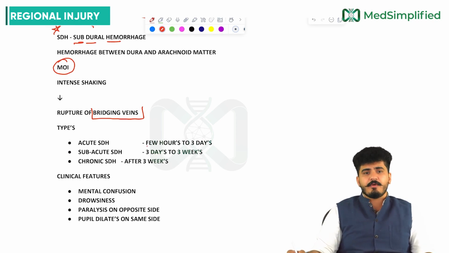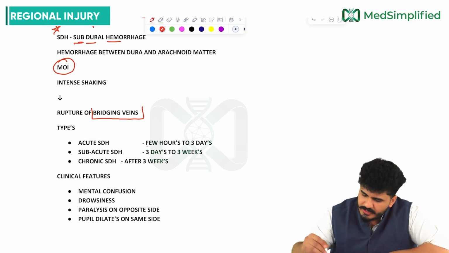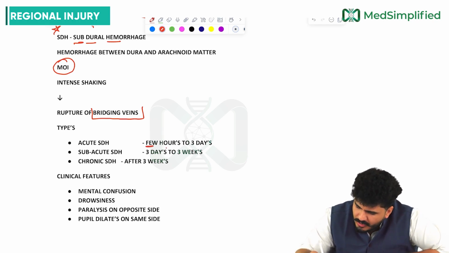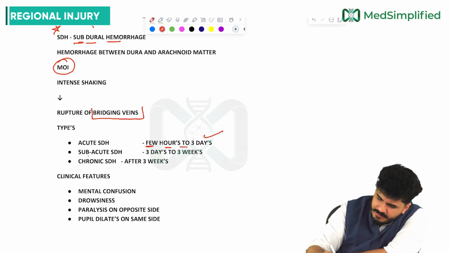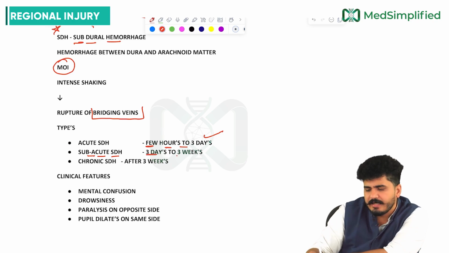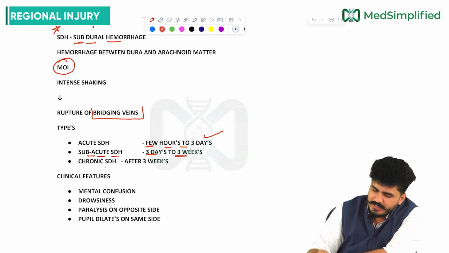Acute would be a few hours to 3 days, subacute SDH will be 3 days to 3 weeks, and chronic SDH is after 3 weeks.